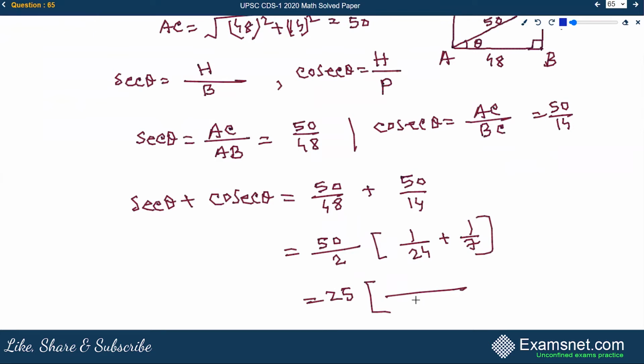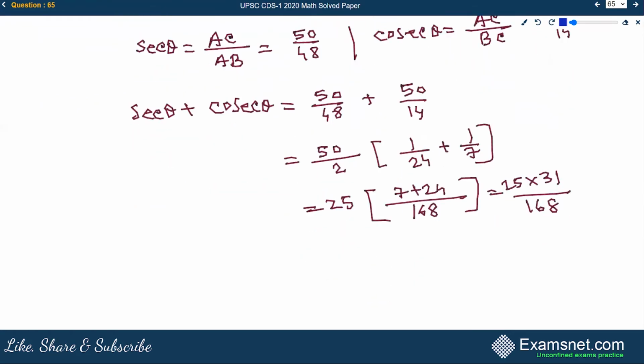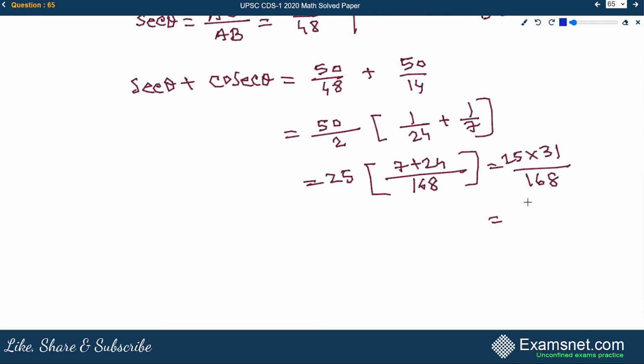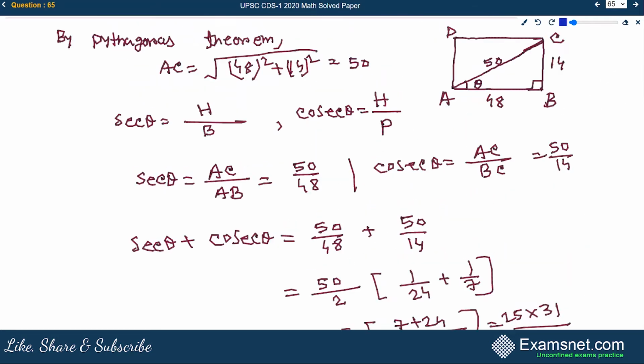Here I can get the LCM of 24 and 7, that is 168, so 7 plus 24. So 25 multiplied by 31 by 168. That would result in 771 by 168.